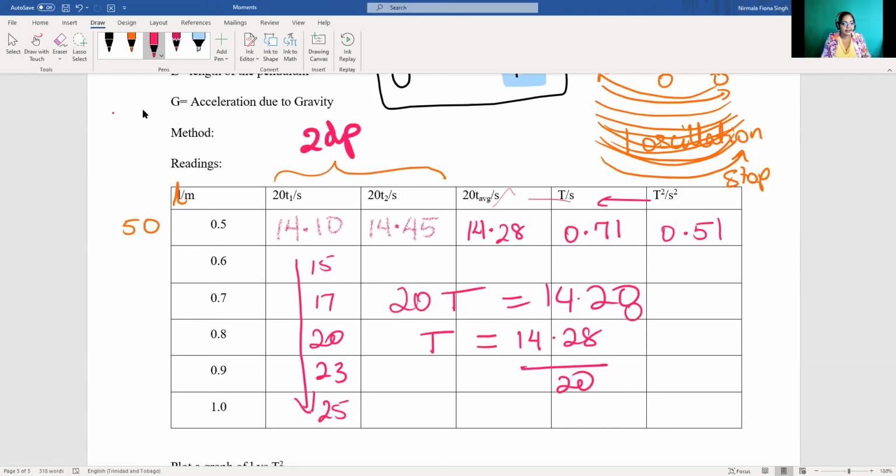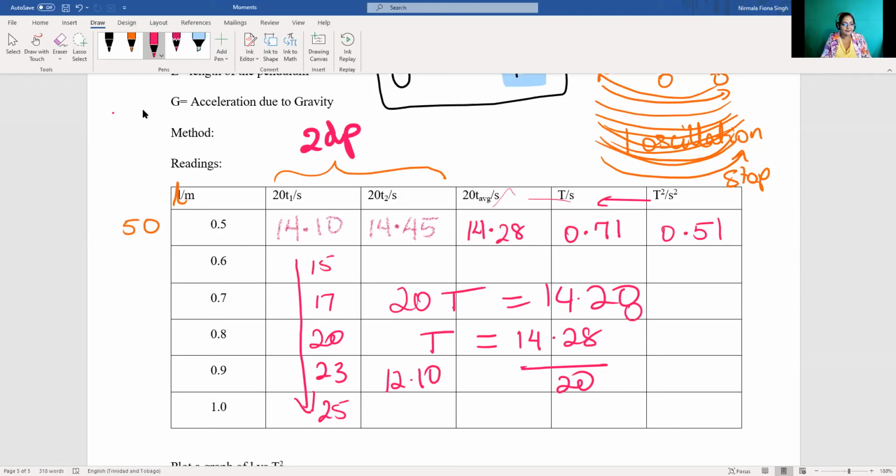So if you realize you are doing this and for 90 centimeters, you get 12.1, something went really wrong. Do it over again. You are supposed to get successively larger values for each reading. This is where you don't just blindly take values, you have to think a little bit and say, hey, wait a minute, that's not right.